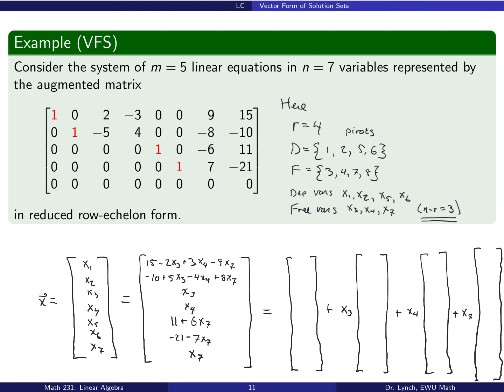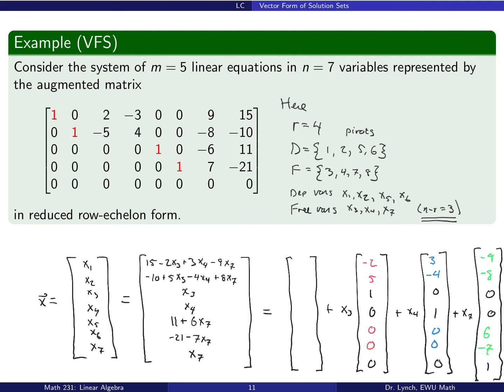First we have to make sure that we get x3, x4, and x7 in their correct spots. In order to do that, we'll fill in some ones and zeros to make sure that in those particular vector elements we get x3, x4, and x7. And then we can work down our vectors to ensure that we get the right vectors corresponding to those free variables in our dependent variables also.